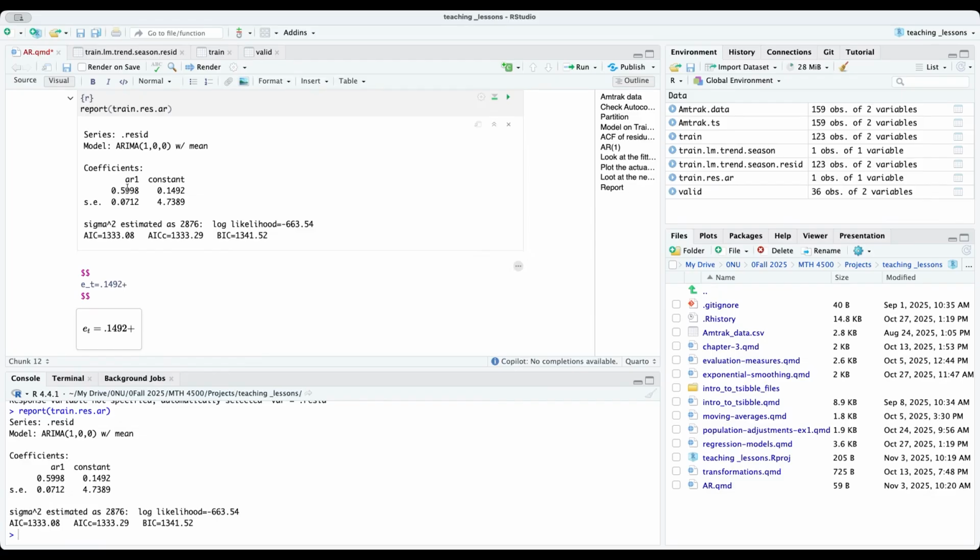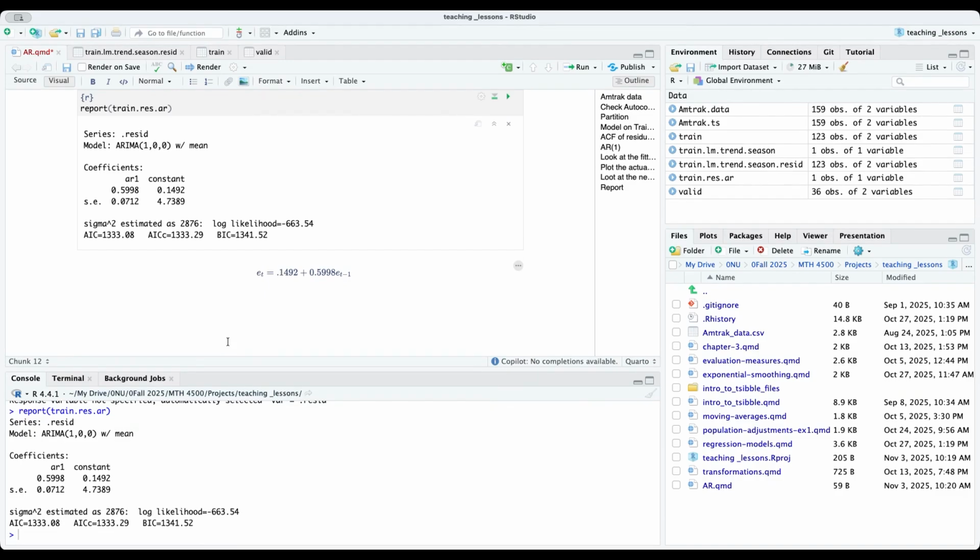This is the coefficient, the slope, which is 0.5998 times e of the previous error. So this is my equation. By the way, these are the estimates, so these are e_t hat, etc. So this is our AR1 equation.